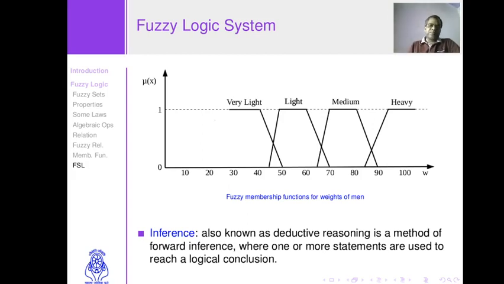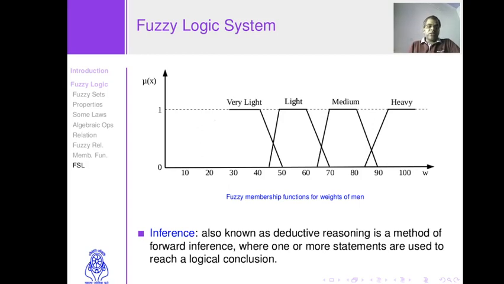Suppose there is a statement: all the students in this class are male. Then there is another statement: X is a student of this class. So here we have two statements.